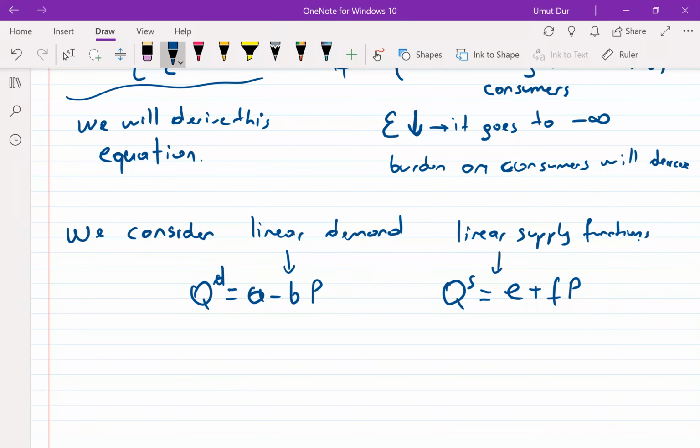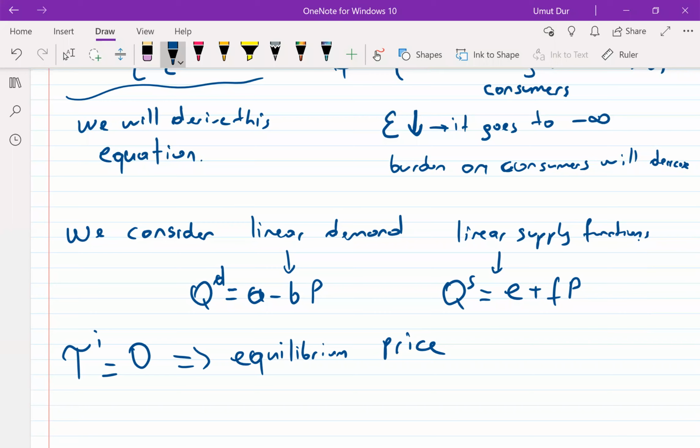These are both linear, so they only depend on the price of the good. Suppose that the initial tax is 0, which means there is no tax here. Then I am looking for the equilibrium price.